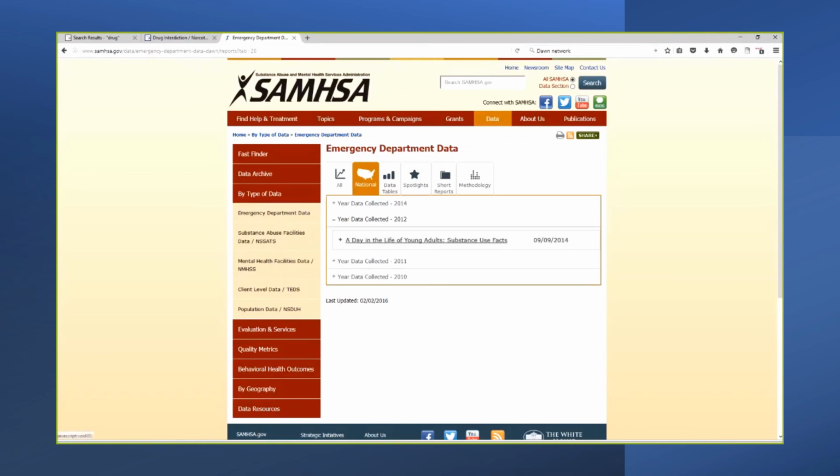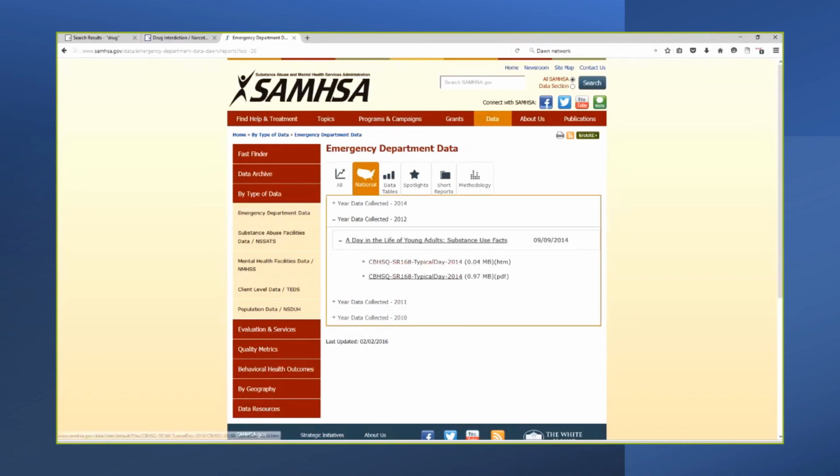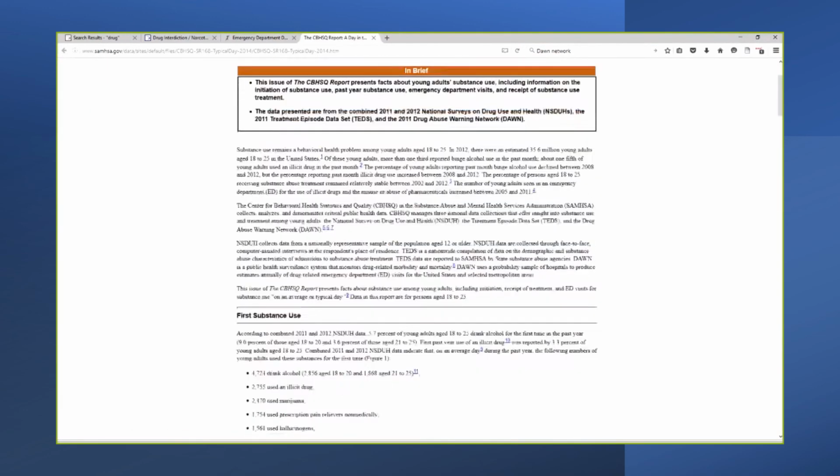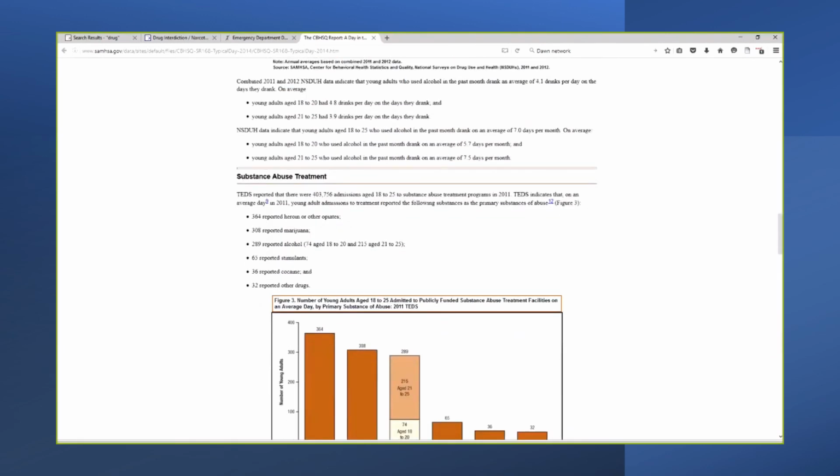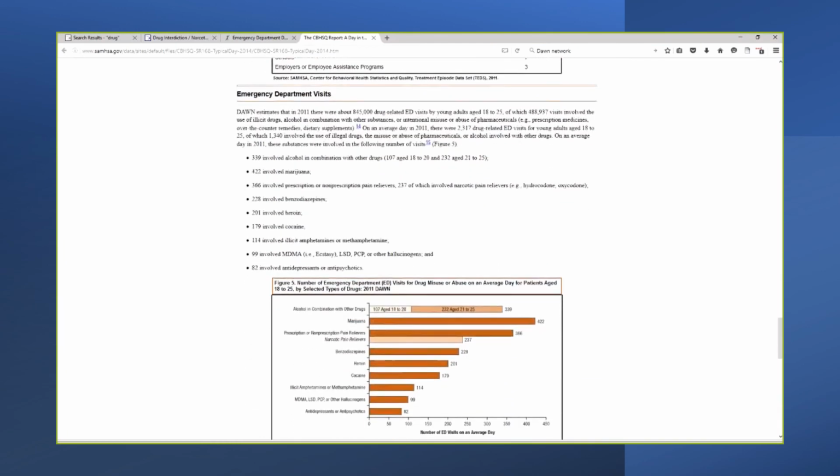So let's just go to typical day in 2014. It talks about first substance use, alcohol, treatment, emergency department visits. In 2011, there were 845,000 drug-related emergency department visits. Almost 500,000 involved the use of illicit drugs, alcohol in combination with other substances, or intentional misuse of pharmaceuticals.